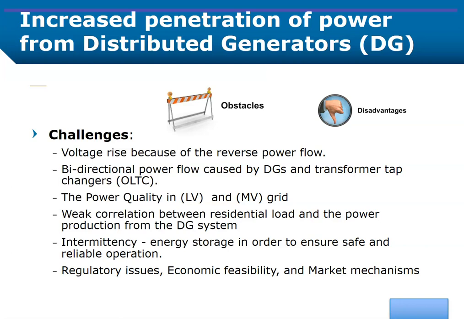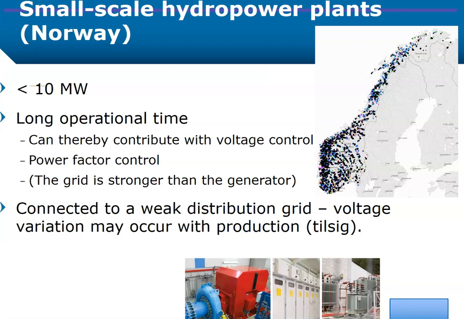The power quality in the low voltage and medium voltage grid is one challenge. We can have weak correlation between the residential load and the power production from the DG system. And of course, intermittency, that you have on and off energy production. Then we need energy storage in order to ensure safe and reliable operation. We can have others such as regulatory issues, economic feasibility, and of course, market mechanisms.